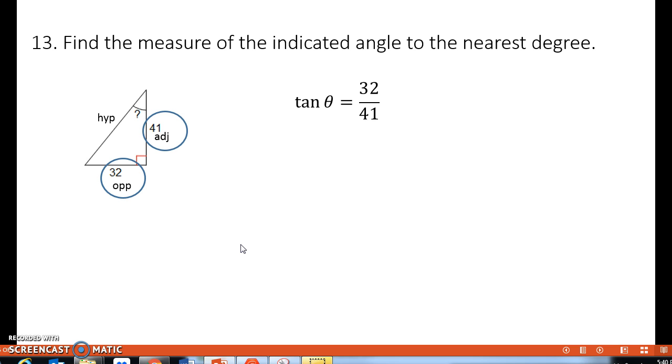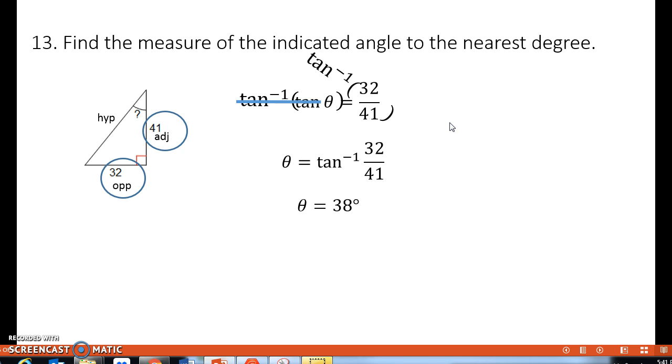So I'm going to set up the tangent of my angle, whatever it may be, is equal to the opposite over the adjacent. That's really what we just did on the first one too, except this time I actually want to know this angle. So to find the angle, you have to do your tangent inverse of both sides. On the left side, the tangent inverse and the tangent cancel. And you're just left with theta equals tangent inverse of 32 over 41, which you can type straight into your calculator. So when you do that, you get 38 degrees.